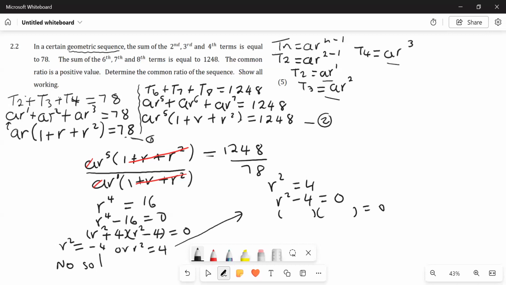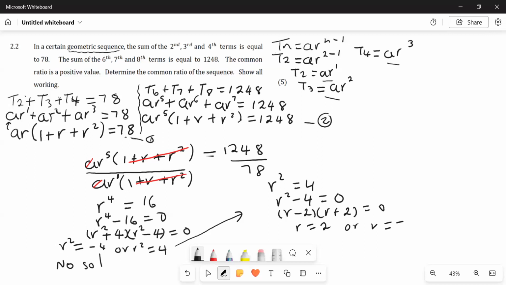So we have r as well as r, and we have 2 as well as 2, and then a minus and a plus. So our r is equal to 2, or r is equal to -2.